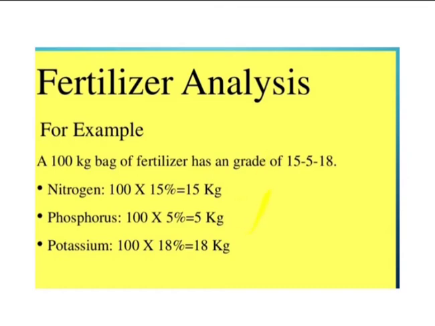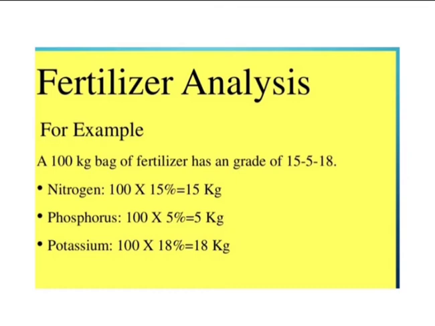Then phosphorus, it comes 5 kg, and potassium, it's equal to 100 into 18 divided by 100. 100 gets cancelled, that's why it will be 18 kg. So 15 kg is the nitrogen, 5 kg is the phosphorus, and 18 kg is the potassium. So in the 100 kg bag, this much amount of the NPKs are present.